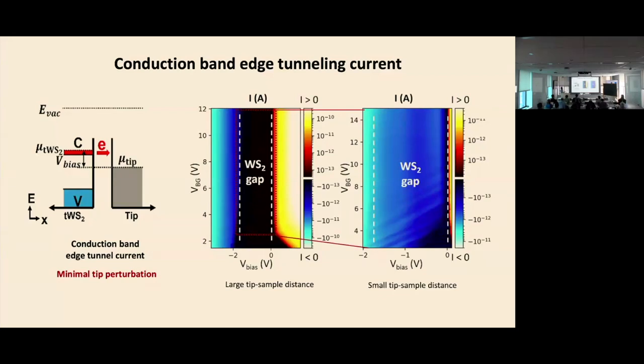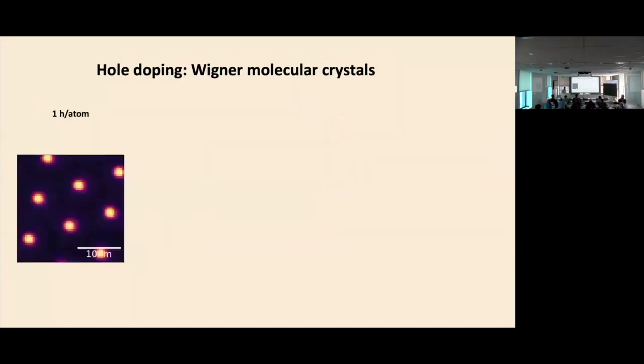Even when the tip Fermi energy is inside the gap, as long as you have a doped sample, there is a finite tunneling current. That tunneling current tells us the local electron density distribution. With this method, we can start to look at the electron or hole distribution in the system.